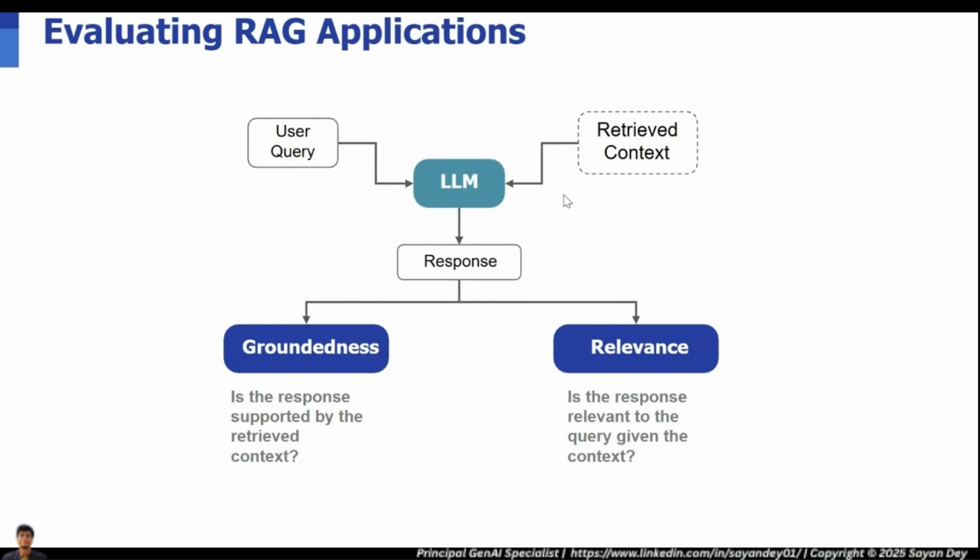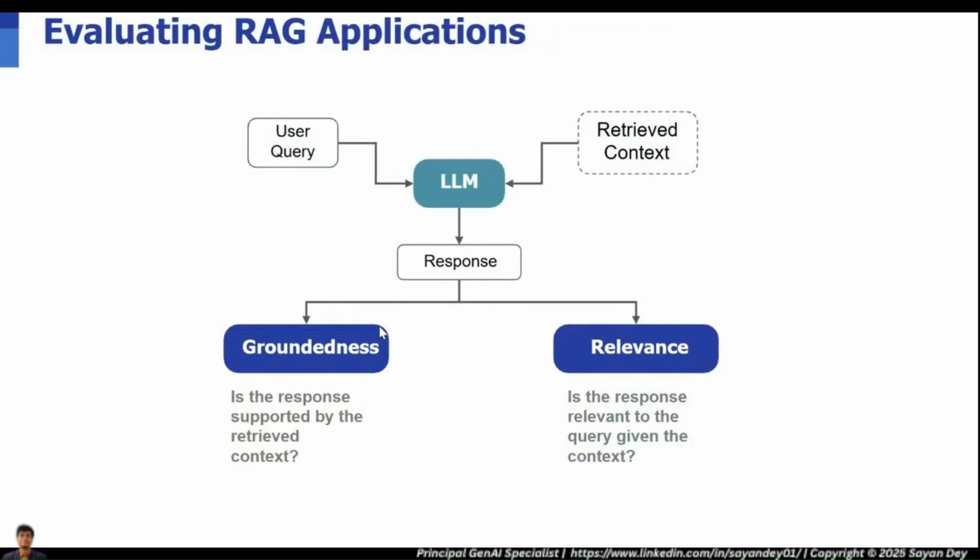One is called groundedness, one is called relevance. Now, before that, I want to clarify, there is absolutely no ground truth in these kinds of use cases. So here we will use a judge model. We will use a judge model to evaluate this particular model. So the judge model is what will ultimately be used.